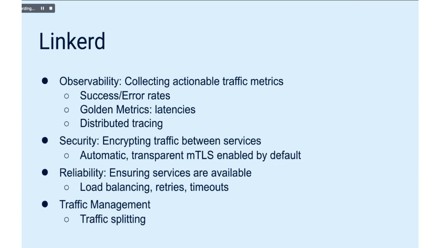The service profile allows you to define routes for each of your services, and you can get per route metrics, and I'll show you what that means as we go through the example. The other thing is we can set retries and timeouts on each of those routes.